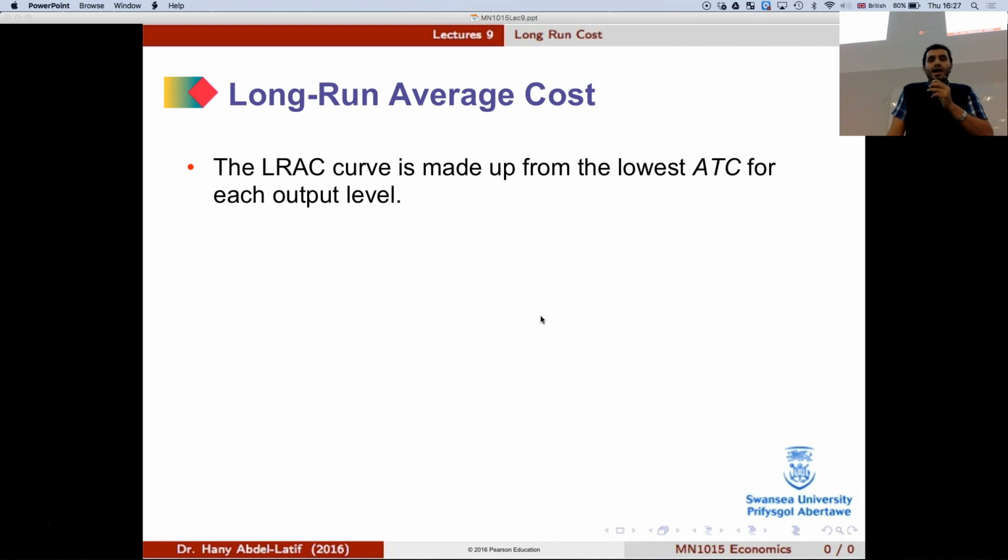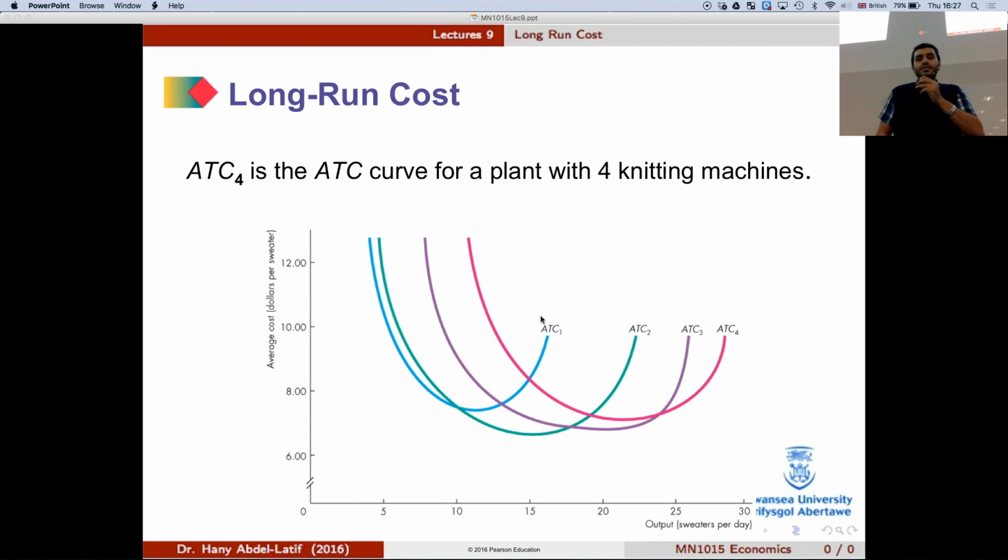So the long run average cost curve basically is made up from the lowest point on the average total cost for each output level. So going back to this, if you want to produce here like 10 units, that is the minimum. You see, if you want to produce this, the minimum will be on plant 2. If you want to produce 20, the minimum is more likely to be here, yeah? So that's the least cost.